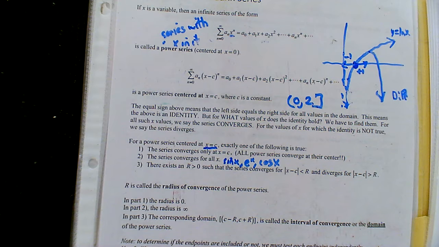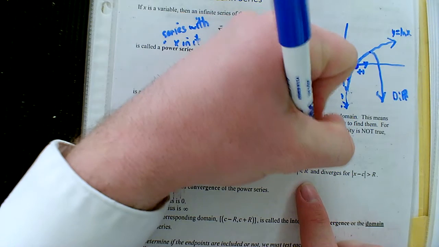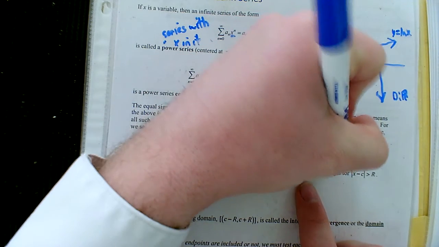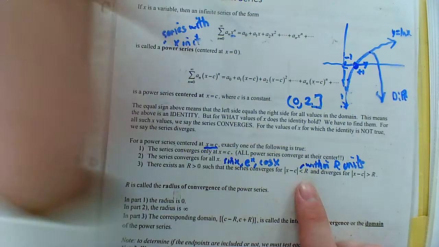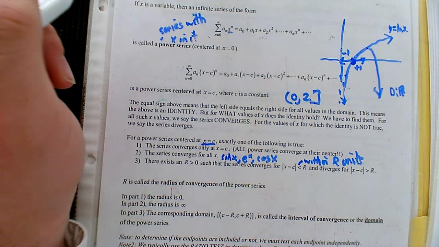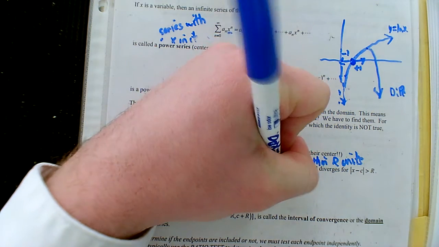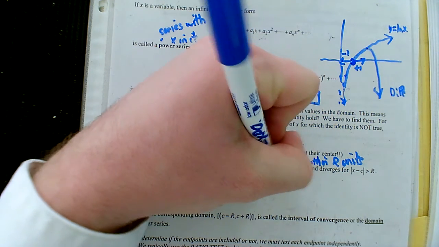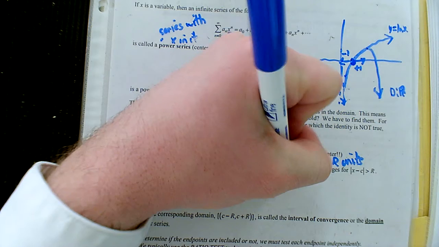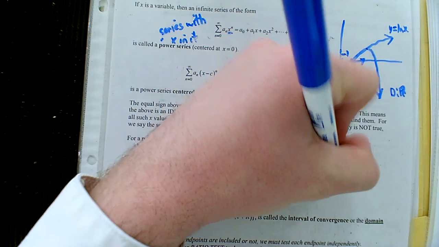Number 3: there exists an r greater than 0 such that the series converges for the absolute value of x minus c less than r. This would read within r units. And it diverges for x minus c out of r units. So in other words, and it's written down below, we're going to have a bracket or a parenthesis, because remember we can have either one, c minus r, c plus r.